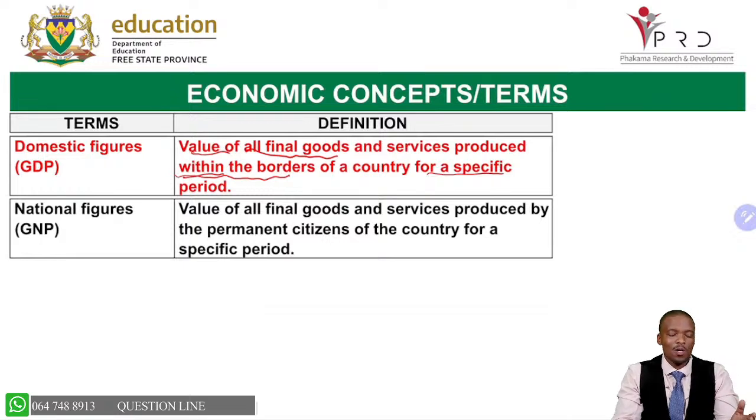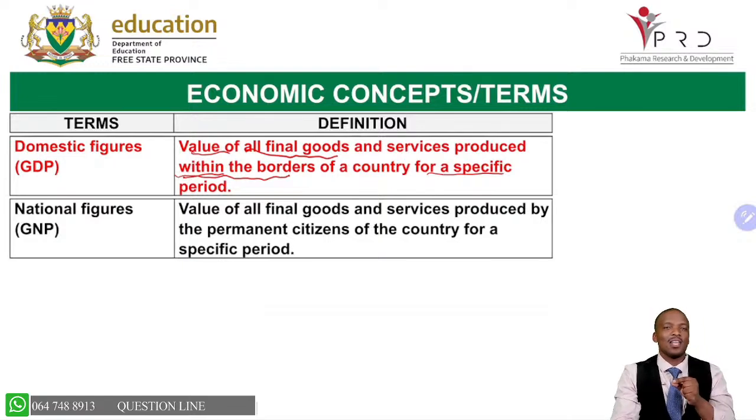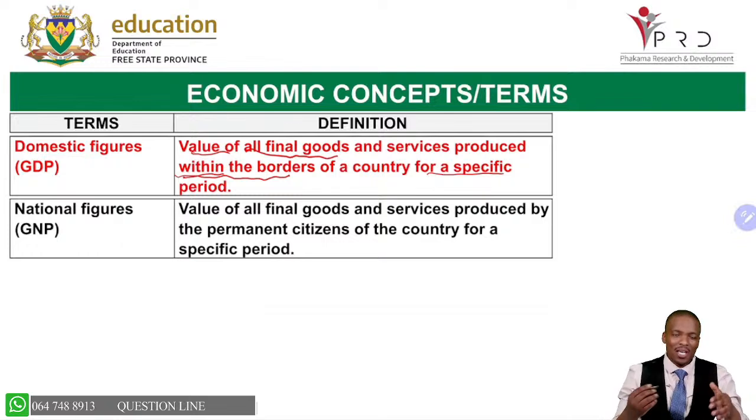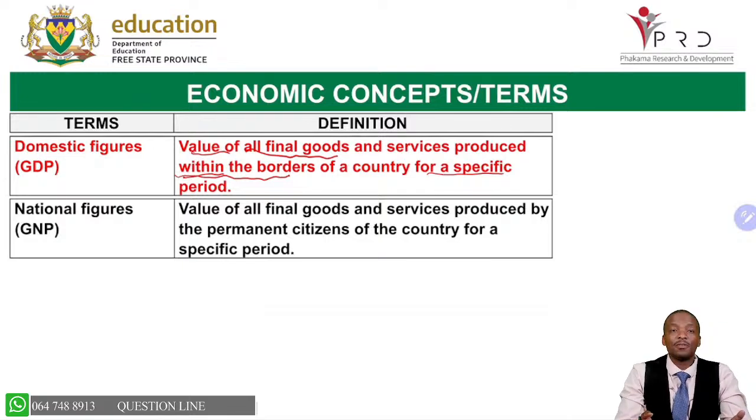We also have what we call national figures or gross national product. These two concepts are too close to each other, especially if you are in a hurry. You might mistake one for the other. But look at the keywords here, grade 12s. With domestic product, it just says value of all final goods and services produced within the borders of a country for a specific period.